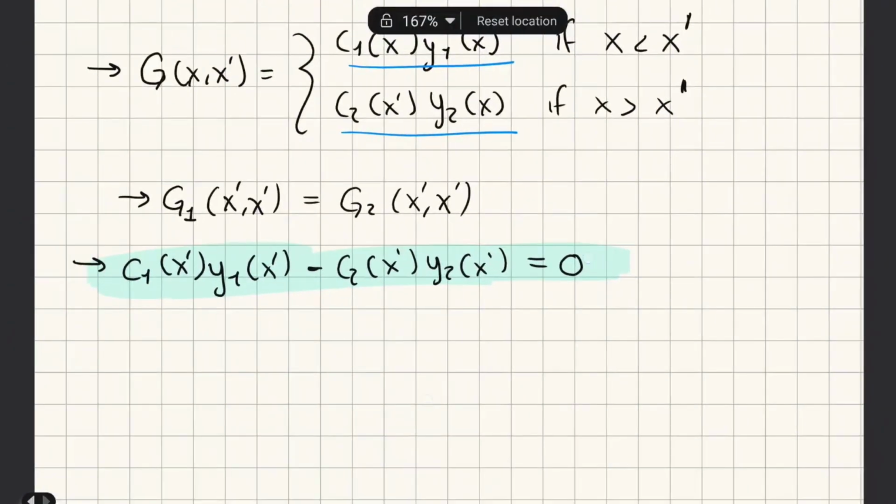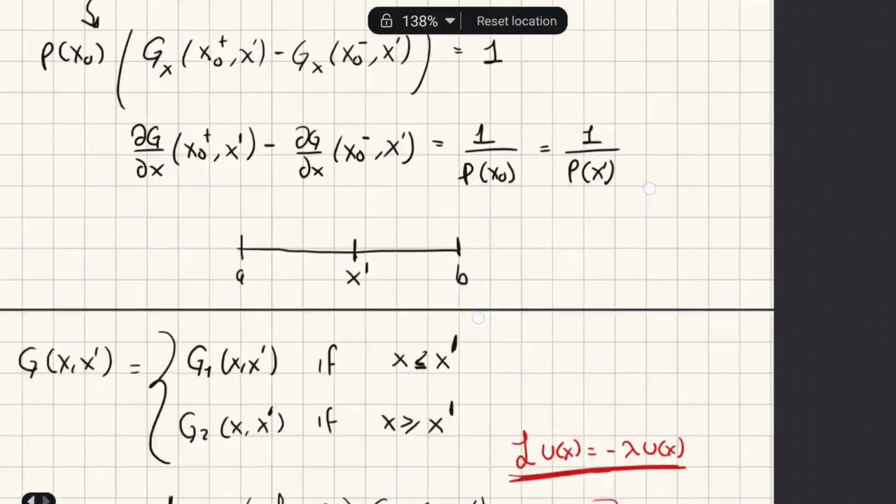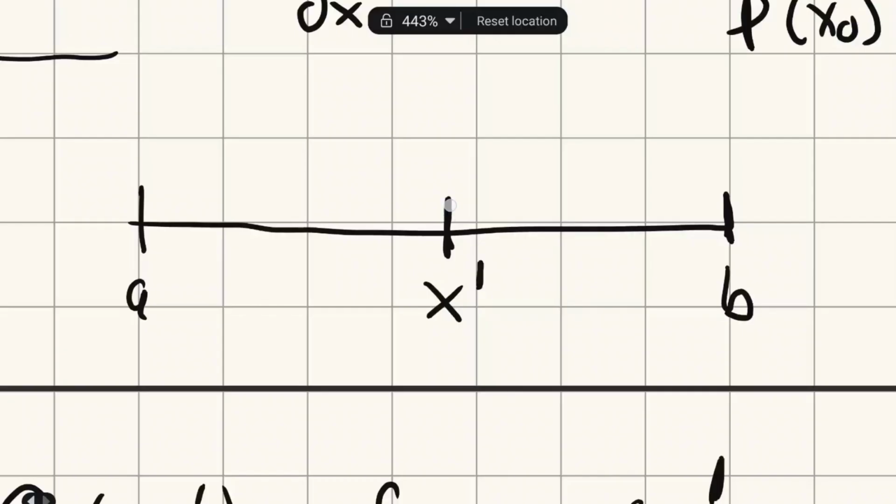And then we are going to use the second result that we found, that the derivative with respect to x of g1 minus the derivative with respect to x of g2 should be equal to 1 divided by p. In this case, this element is going to be for the derivative of g2 with respect to x, because we are approaching from the right. So when we approach x prime from the right, we are in the g2 region.